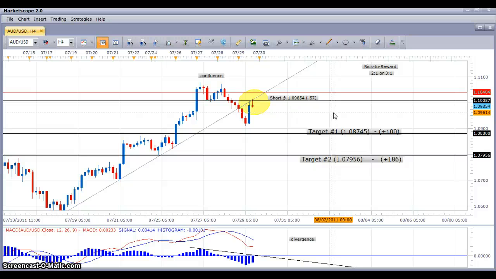From a fundamental standpoint, I'm definitely bearish on the Australian dollar. We had a big, nice run that led into some congestion and then another breakout up towards 110.7. I think the Australian dollar has certainly had its run now, and I think the risk-off behavior of the market is going to take hold next week with this debt ceiling stuff going on.